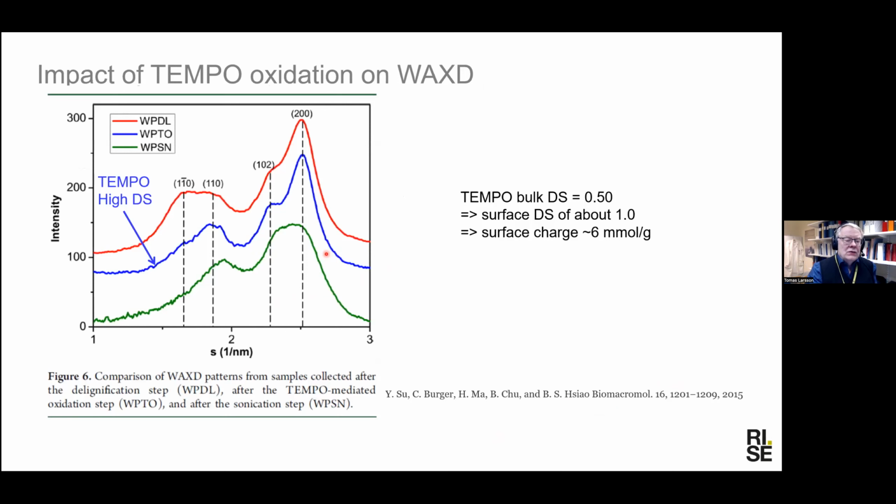Now, if you do TEMPO oxidation, as we did in the previous slide on NMR, you can see that also here we have an impact that is in agreement with what we saw from the NMR. And we also change this material even according to wide-angle X-ray. They call it wide-angle X-ray diffraction, but it's the same thing. So that changes too.